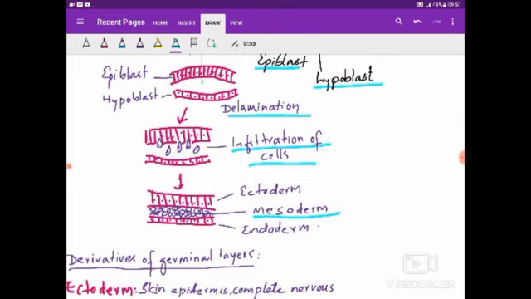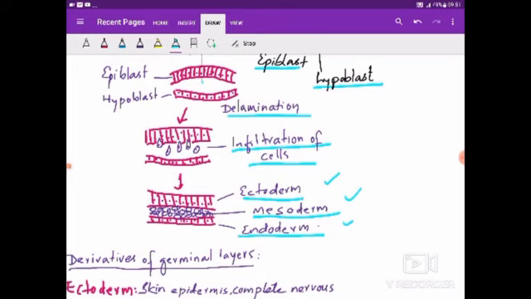So the epiblast now changes into the ectoderm layer, and from the hypoblast layer the endoderm is formed. So this is the triploblastic stage, having 3 germinal layers, and these 3 germinal layers give rise to all the tissues and organs of the fetus.